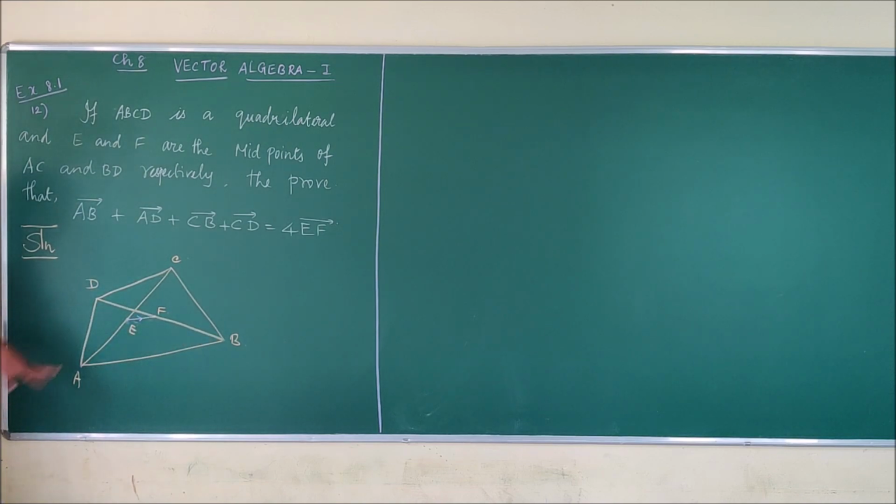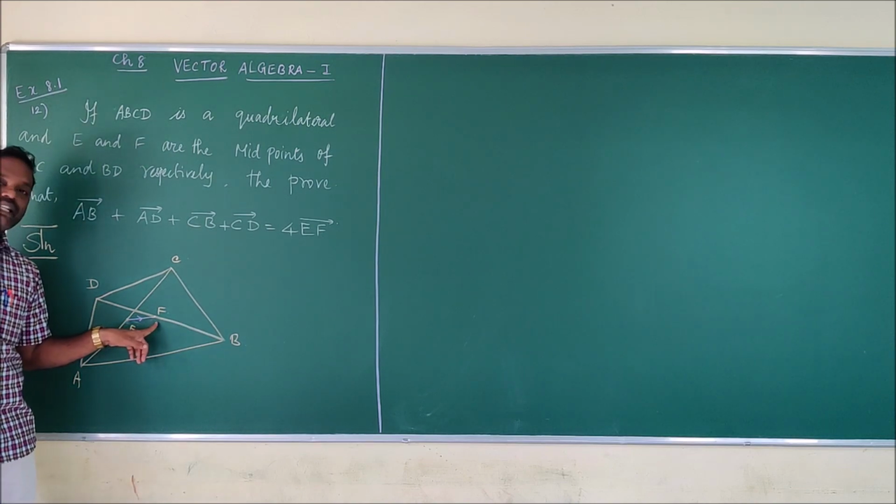It is given that E and F are the midpoints of AC and BD. I have taken E as the midpoint of the diagonal AC, so the distance AE is equal to the distance CE, since E is the midpoint.